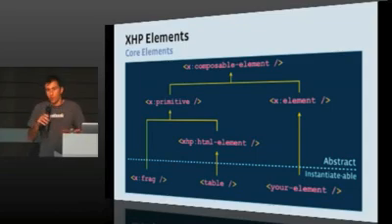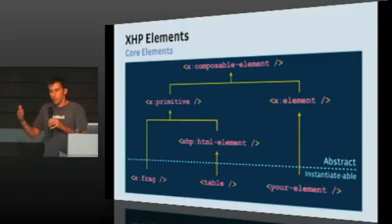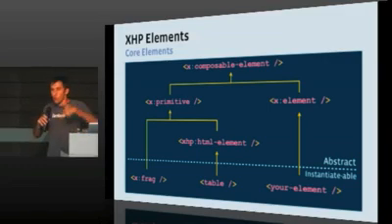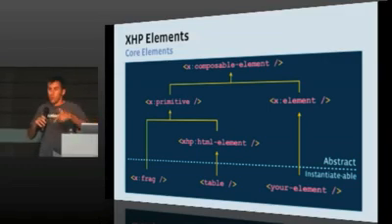Primitives are everything whose render methods return strings, whereas X element render methods return XHP. When you're recursively calling render, it stops at primitives, so it won't actually render the primitive until the whole tree is primitives.